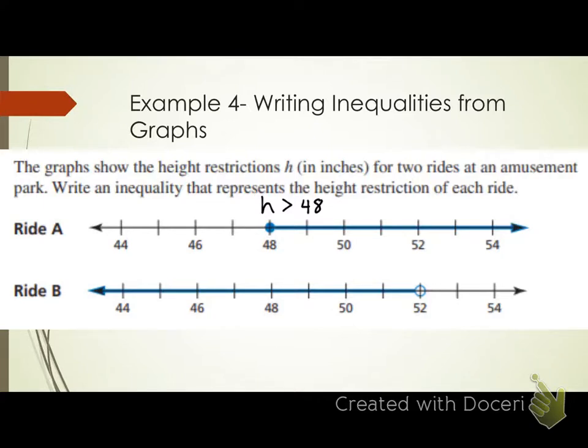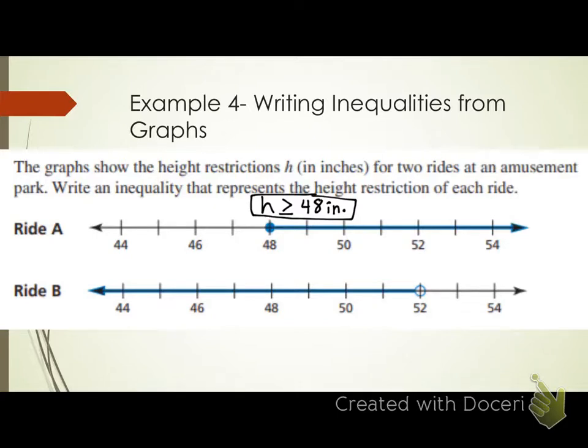So do I get a line under it or no? Yes. There it is. And let's go ahead and put inches, since that's what we're talking about. So h is greater than or equal to 48 inches. There's my inequality for ride A. Does everyone see how we built that? Any questions on it?